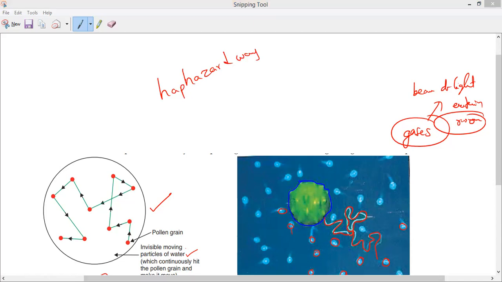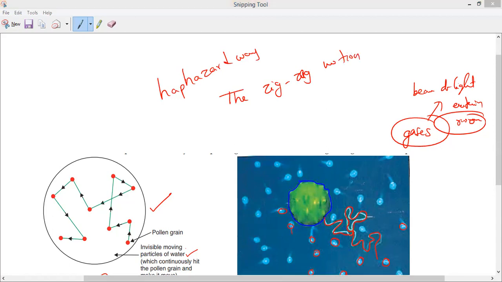Okay, now please all of you write the Brownian motion definition. The zigzag movement of the small particles suspended in a liquid or gas.